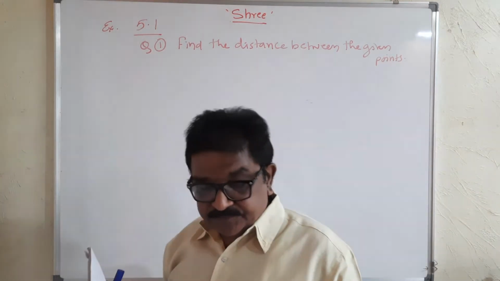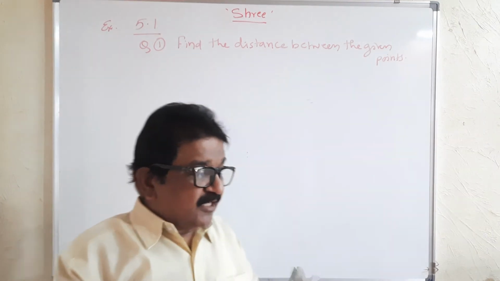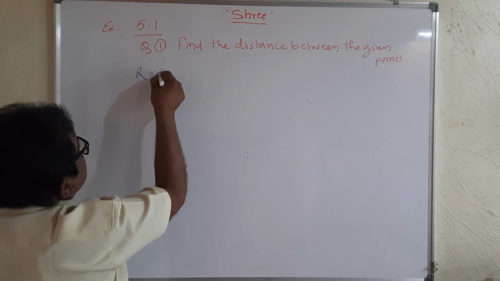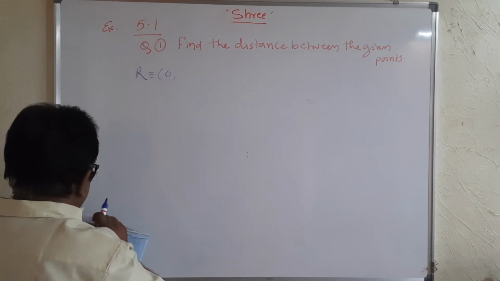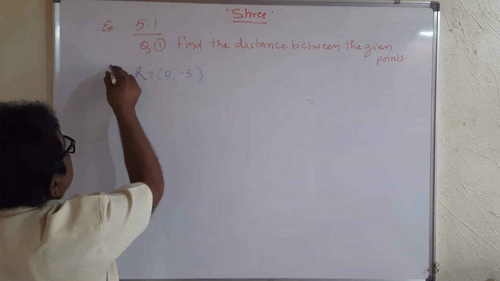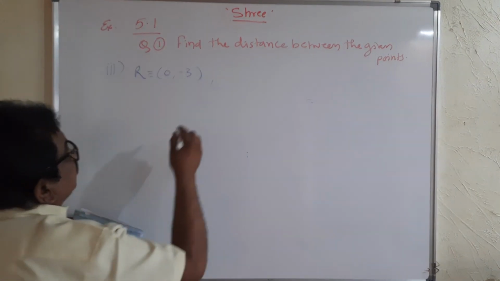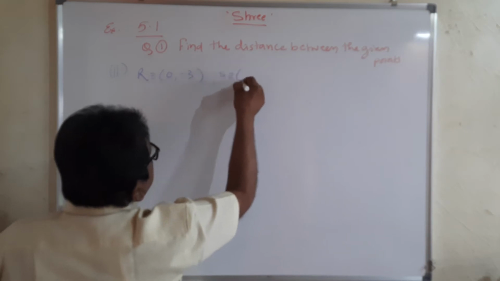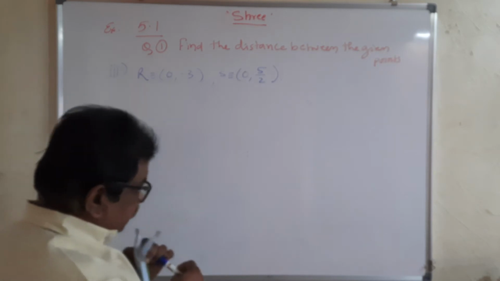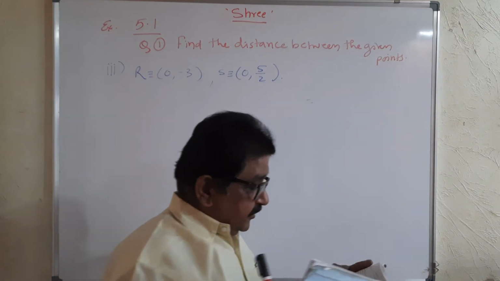So next is question 3, that is R corresponds to 0, minus 3 and S corresponds to 0, 5 upon 2. So this is a fraction.